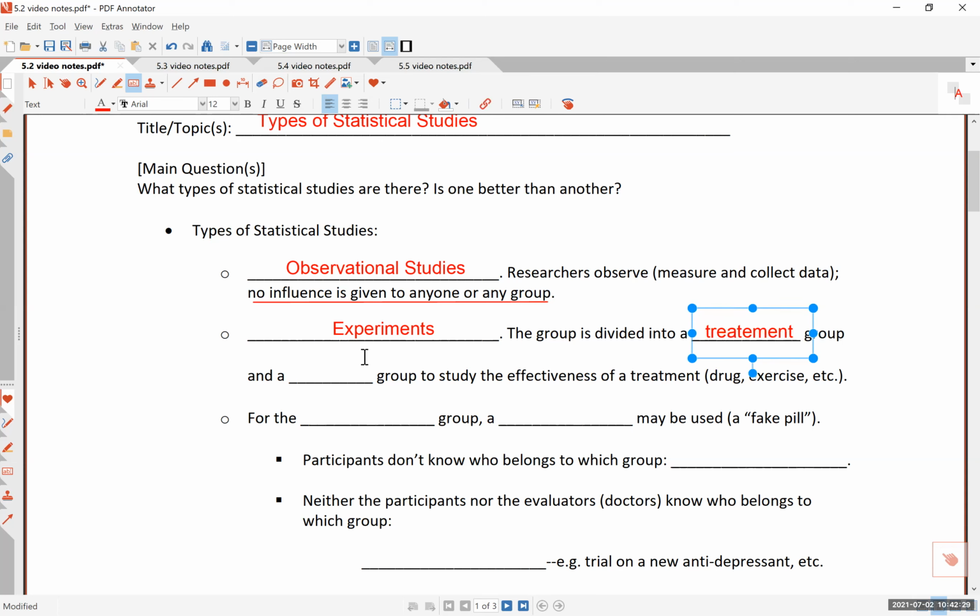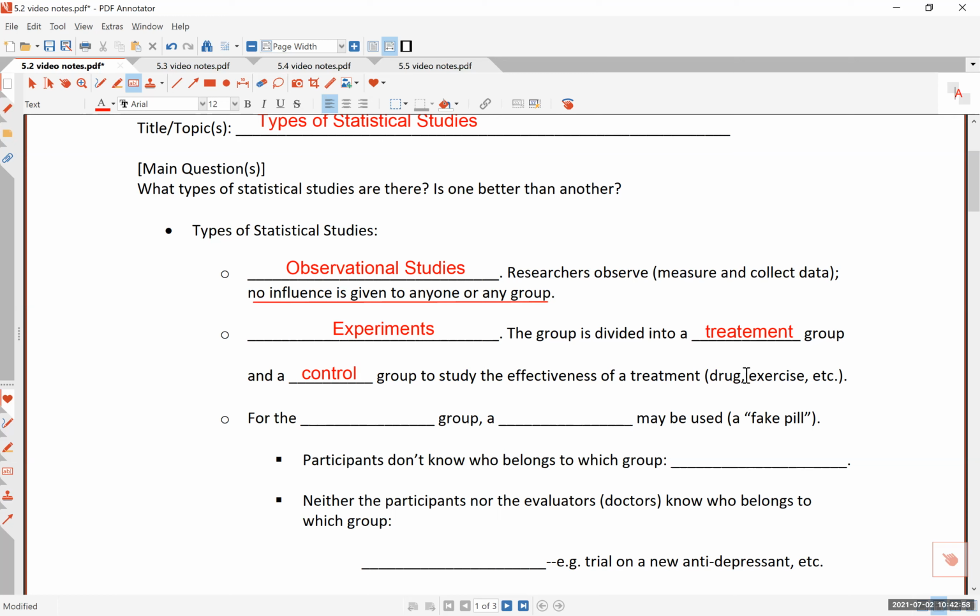This is a group of subjects to which something, a treatment, is given. Then you compare what happens to this treatment group with a group that doesn't get a treatment, and that group is called a control group. So a control group is not going to be getting the same treatment.